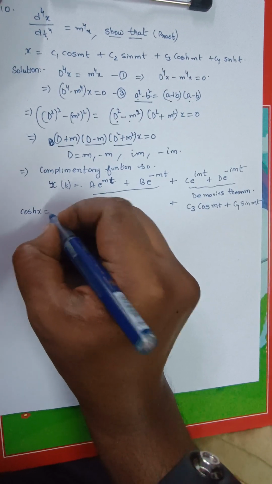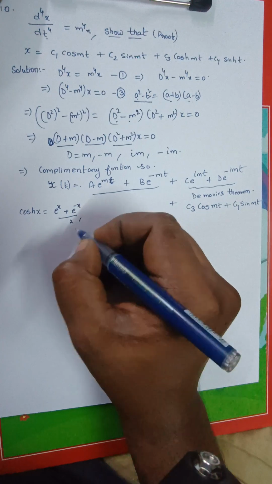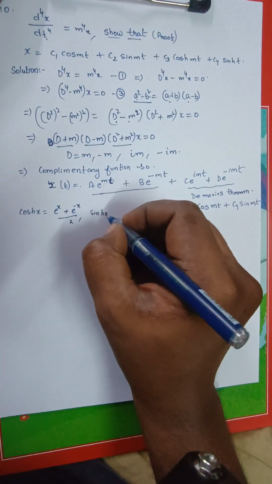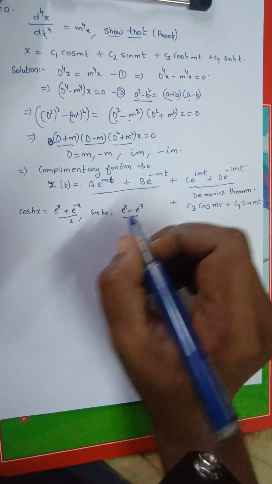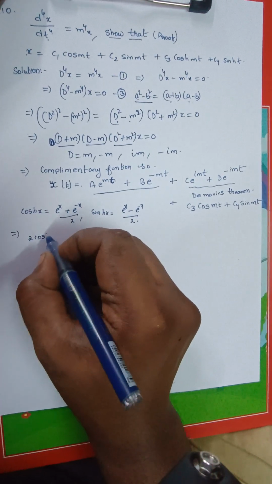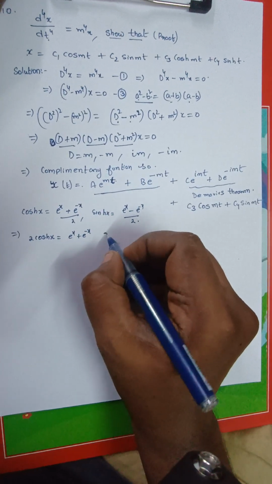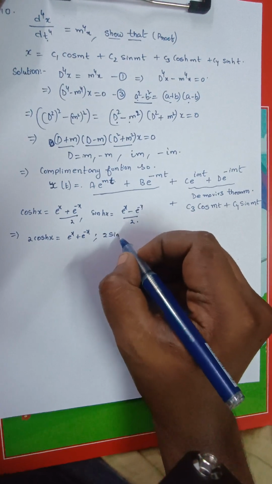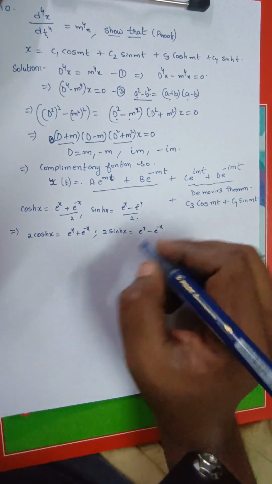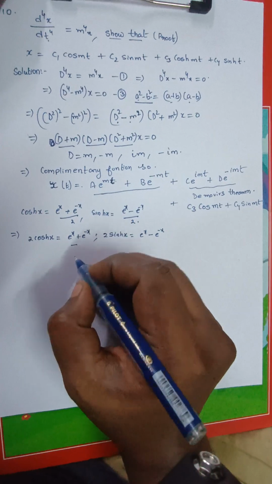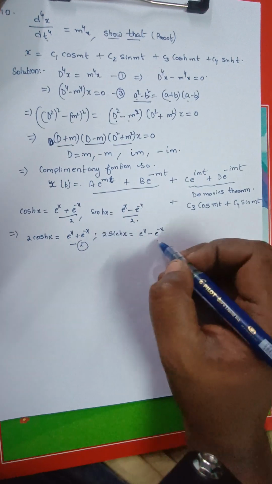cosh x = (e^x + e^(−x))/2. Similarly, sinh x = (e^x − e^(−x))/2. Further we can write 2 cosh x = e^x + e^(−x), and 2 sinh x = e^x − e^(−x). Let us call these equations 2 and 3.